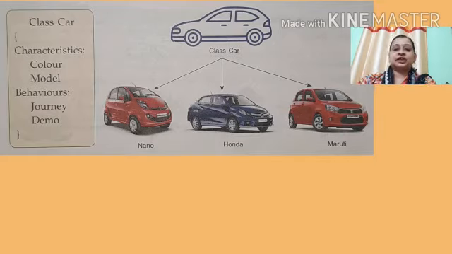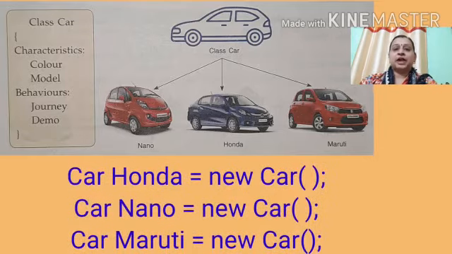So the characteristics and the behavior can be defined as you can see beside in a small program where the class name is Car and the characteristics are the color and model, and the behaviors are the journey and the demo. So you can see this characteristic is common in three of the cars, maybe a Nano or a Honda or a Maruti. So all of them have the same characteristics and the behavior is journey and the demo.